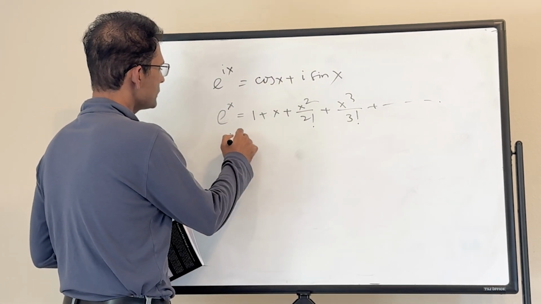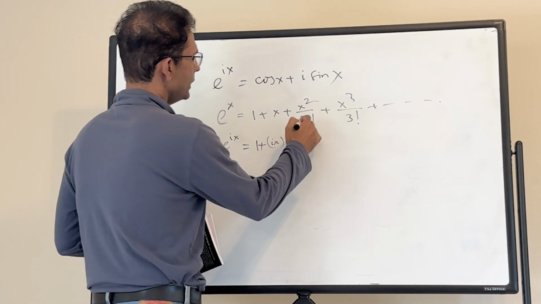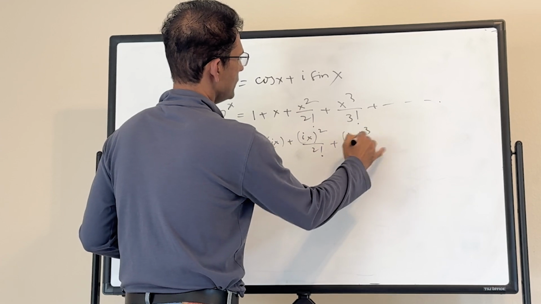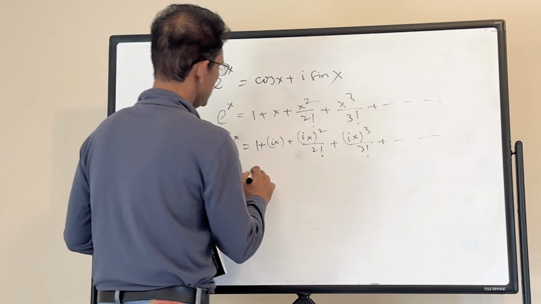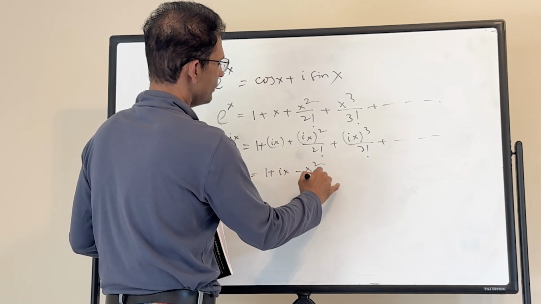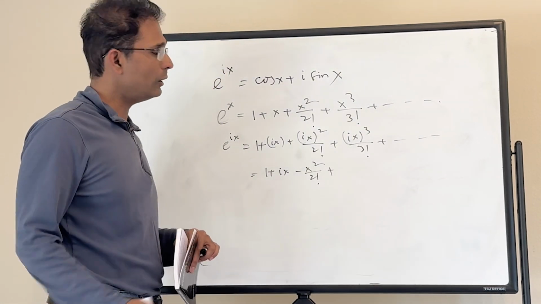So e to the ix is going to be 1 plus, in the place of x, you have ix, right? And then you have this, and then ix cubed, okay? So this is 1 plus ix, and this is minus x squared over factorial 2, and this one is, you have i squared, which is negative 1, and then you have an i, okay?